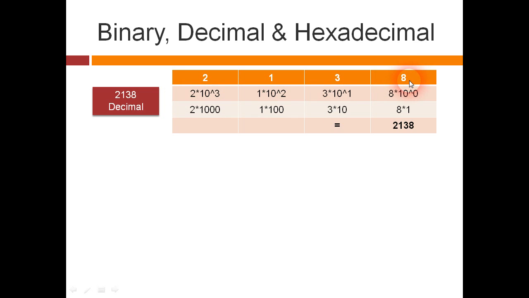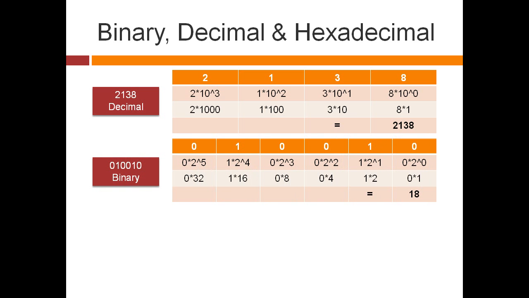So the 8 is the last digit in the number, so it has the least significant value. The 3 is the second digit from the right. It has a value multiplied by 10, and the subsequent values are multiplied by 10, or just increase the power of 10, which is basically your numbering system base.